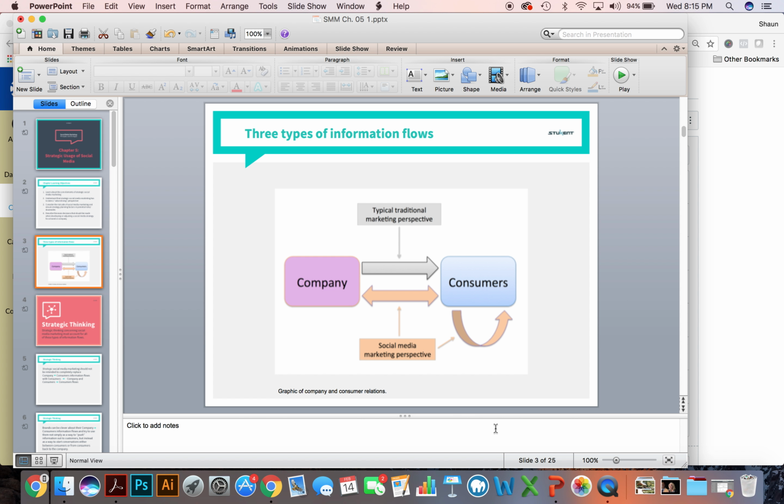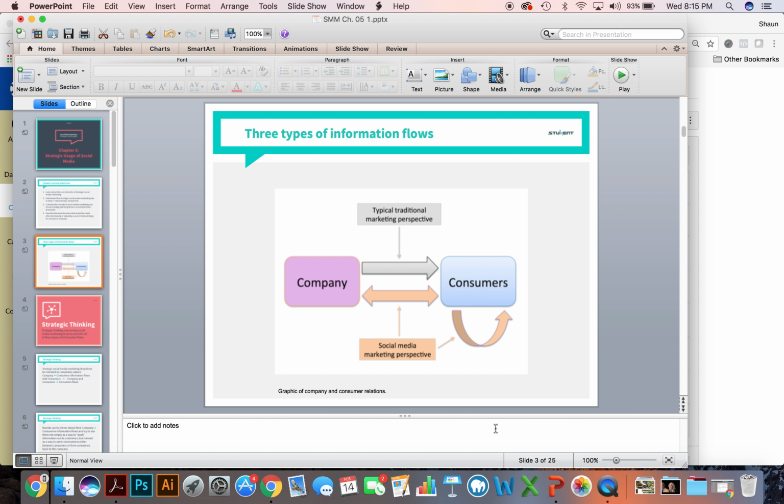When you're planning your social media strategy, you need to keep in mind that social media, while being a marketing and advertising platform for businesses, really differentiates itself from traditional marketing, where it is from company to consumer, as indicated with this gray arrow.